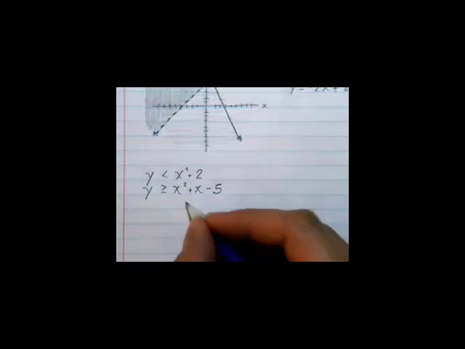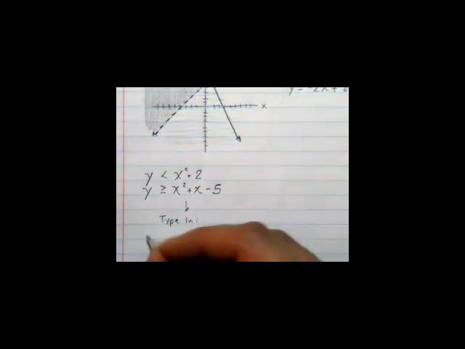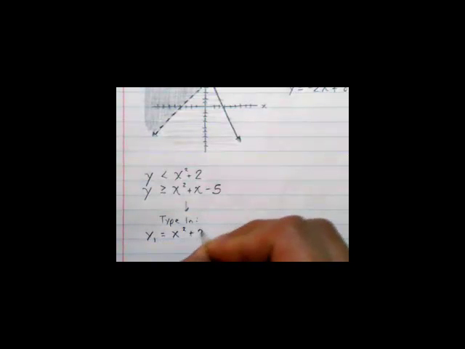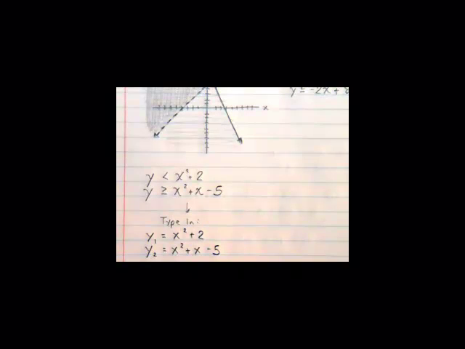So in your calculator, you're still going to just type in, in your y1, x squared plus 2, and in your y2, x squared plus x minus 5. So go ahead and take those two quadratics, type them in your y equals on your calculator real quick, and we're going to take a look at them.